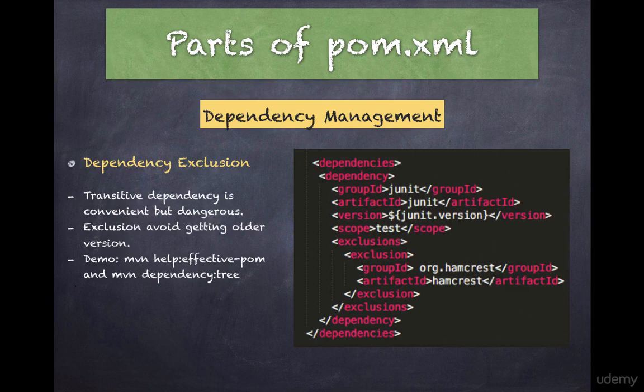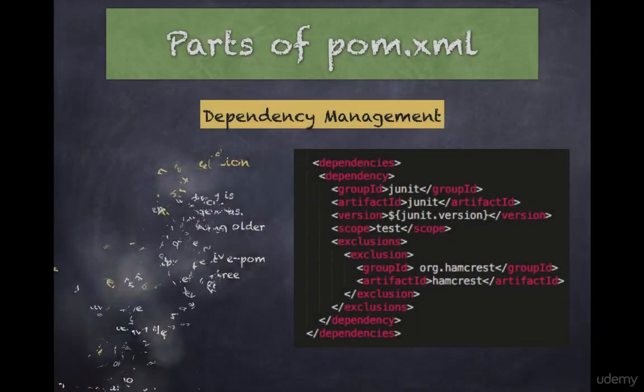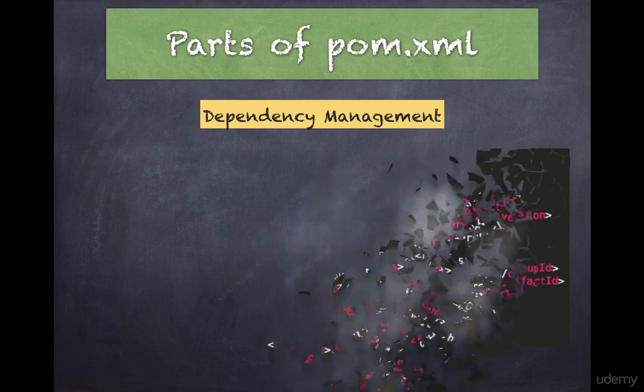Say for example, in our project 3-1, JUnit already comes with Hamcrest Core, but it might be an older version and we may need to use the Hamcrest library JAR file, which also pulls in Hamcrest Core, a newer version, and thus there will be a conflict, so we excluded Hamcrest from the JUnit dependency.